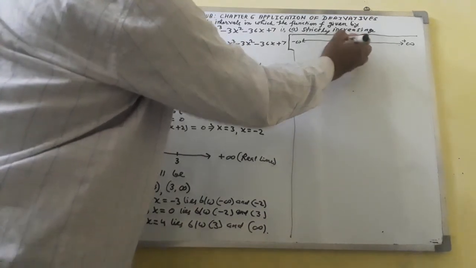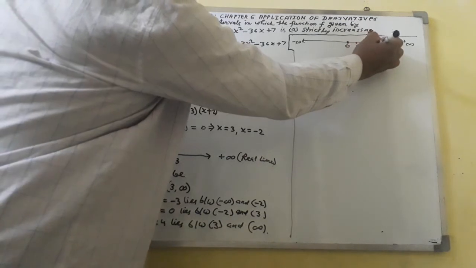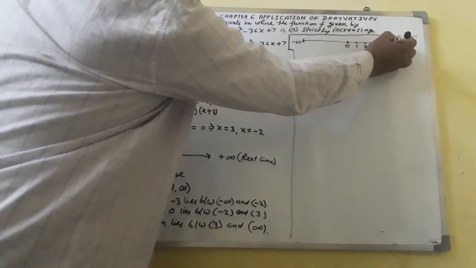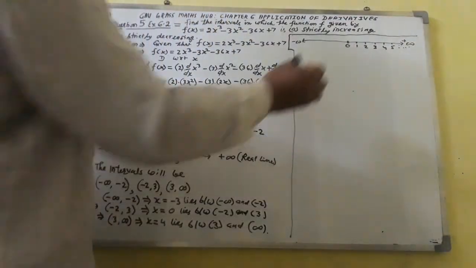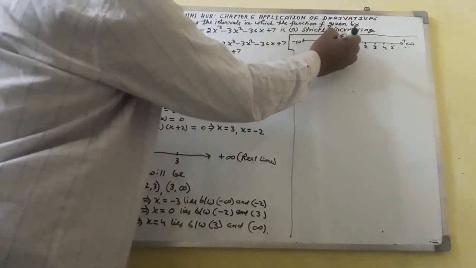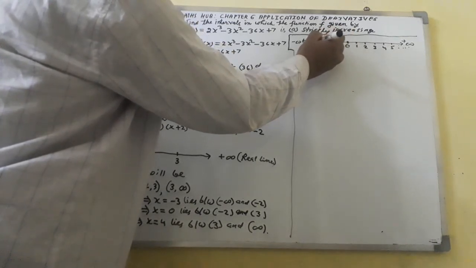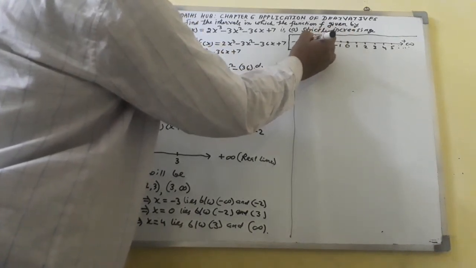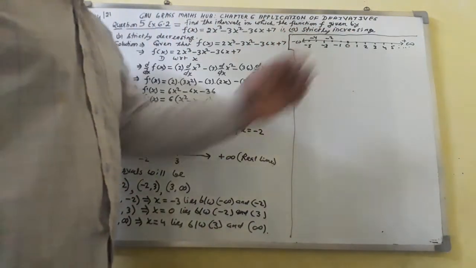If you locate 0, then here comes 1, 2, 3, 4, 5, like that going up to infinite. Here it comes minus 1, minus 2, minus 3, minus 4, minus 5, going up to minus infinite. So this is the number line.